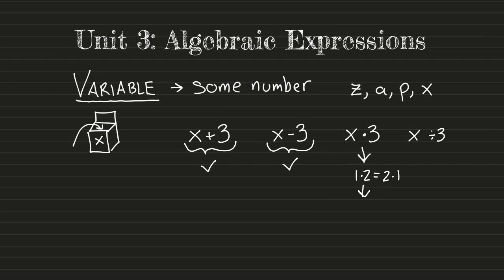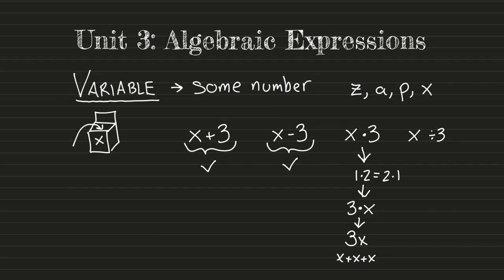So we could write X times 3 as 3 times X. And we also know to this point that if we have two things multiplied with each other, we can sometimes get rid of that symbol in the middle as long as it doesn't obscure what we're actually looking at. So we can actually write X times 3, or 3 times X, as 3X. And all this means is that we have 3 of that number.